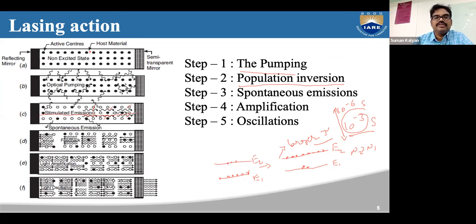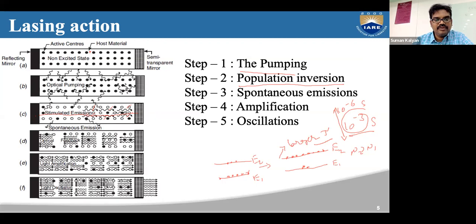When they travel back to the 100% reflecting mirror, again they stimulate the atoms which are in the higher energy states, and then again they reflect back. Because they stimulate the higher energy atoms, more photons will be generated here, and as you can see, stimulated emission will be happening here.